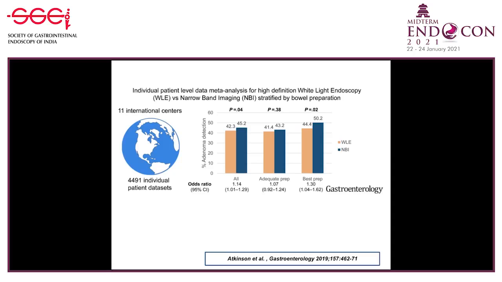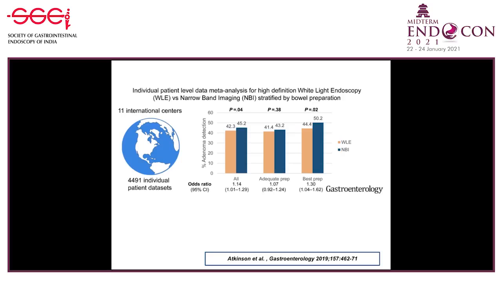However, with improvement in technology and better processors and better quality of images, the situation is changing. And this is the most recent meta-analysis. This is an individual patient level meta-analysis published in Gastroenterology. Here they have looked at white light endoscopy versus narrowband imaging for picking up colonic adenomatous lesions. What they found is that overall there is a benefit of NBI with a p-value of 0.04, and this benefit is much more apparent when the bowel preparation is very good.